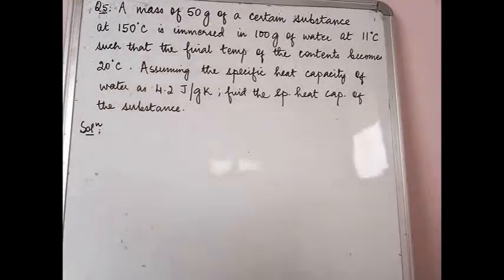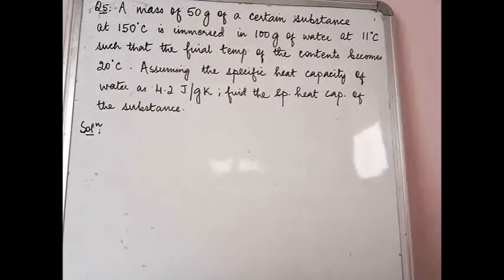Question number 5. A mass of 50 gram of a certain substance at 150 degrees centigrade is immersed in 100 grams of water at 11 degrees centigrade. So from this much portion of the question, what do we understand? We understand, number one, that there are two things being mixed together.